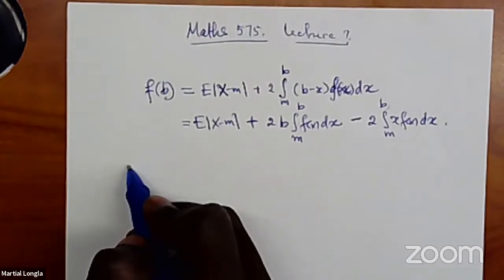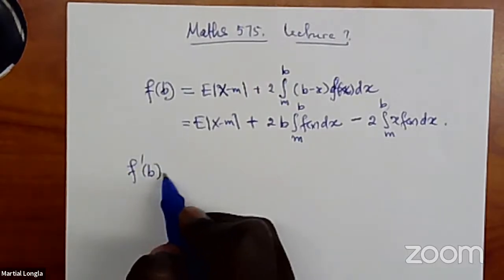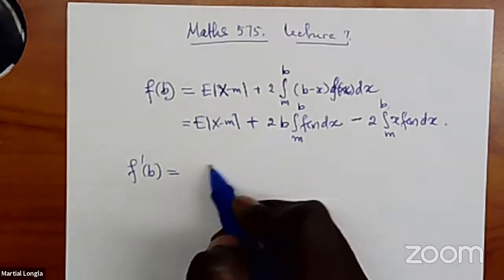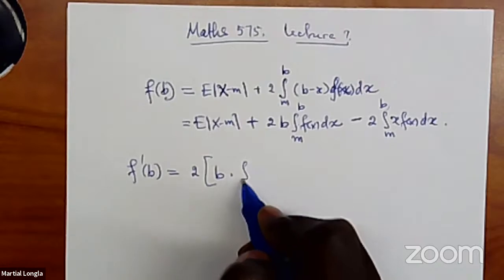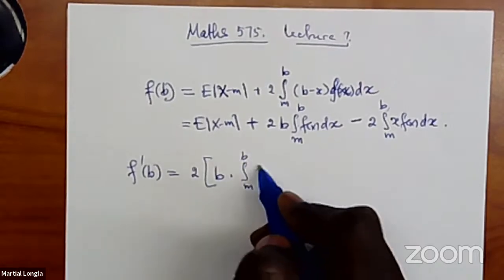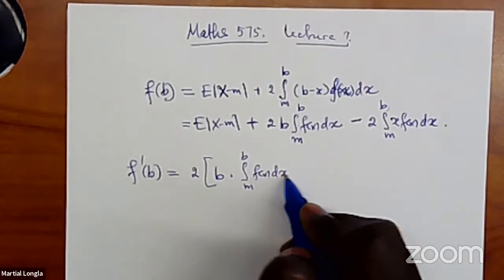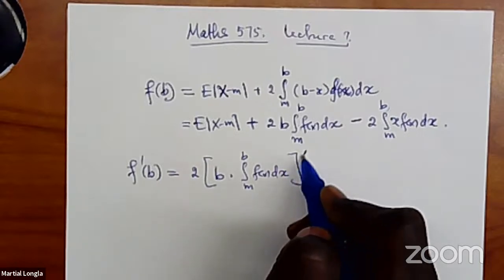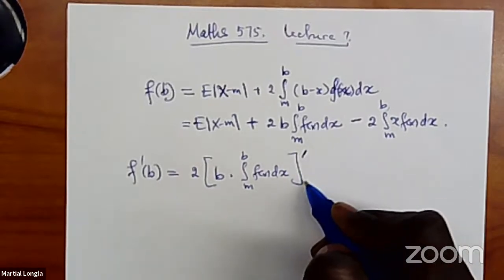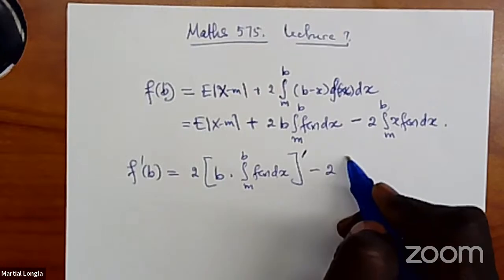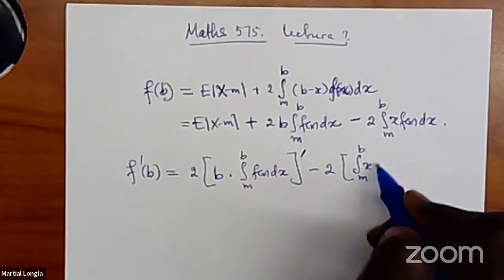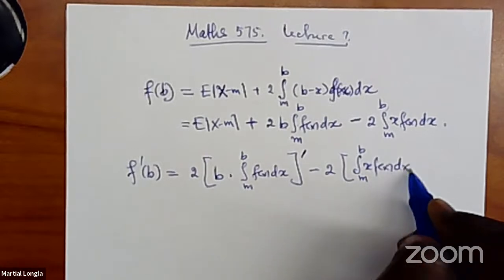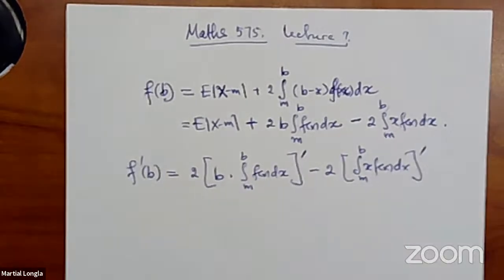So f prime of b is equal to 2 and then b times integral from m to b f of x dx. Take the derivative. Minus twice integral from m to b x f of x dx. Take the derivative.